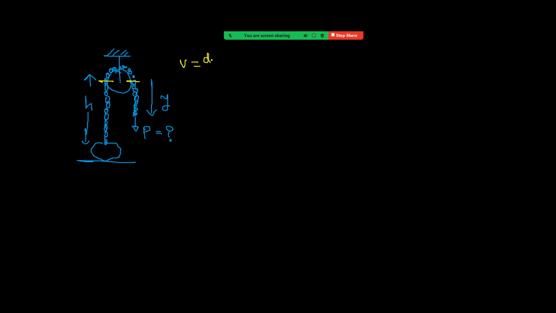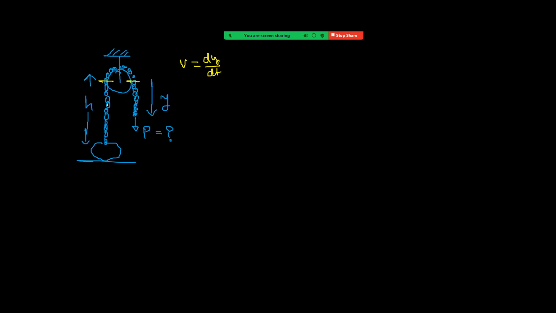Velocity v is equal to dy by dt. Velocity constant. Then see what we can say. If you focus on this half ring, it is just like a half circle, right? Since velocity is constant, or I can say speed is constant, on this there should be no tangential force.